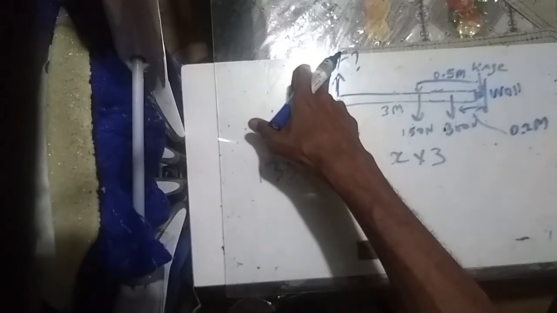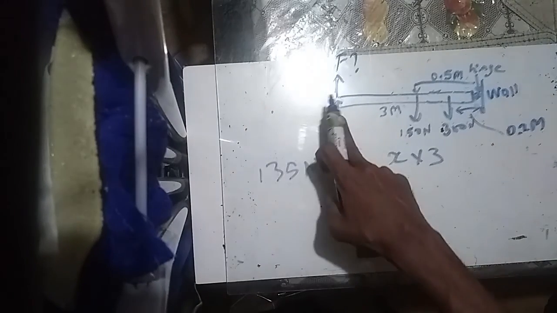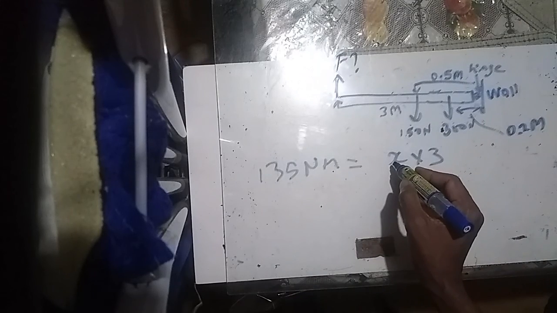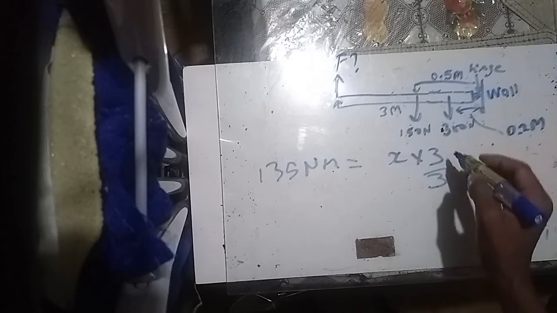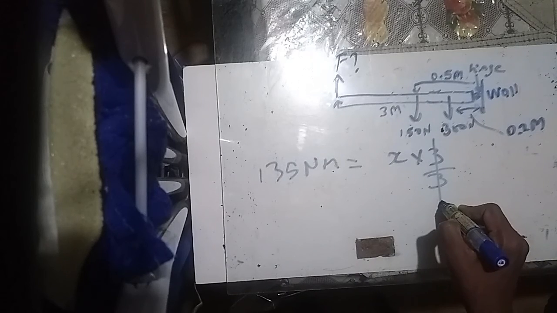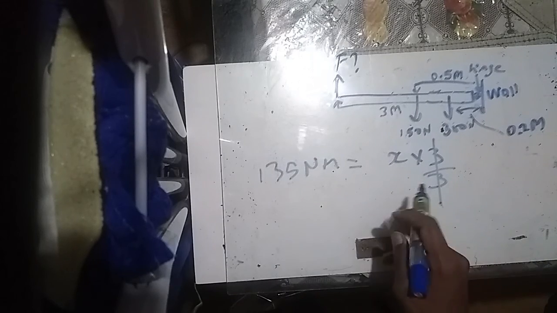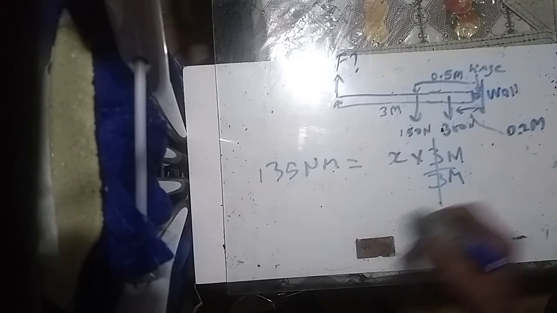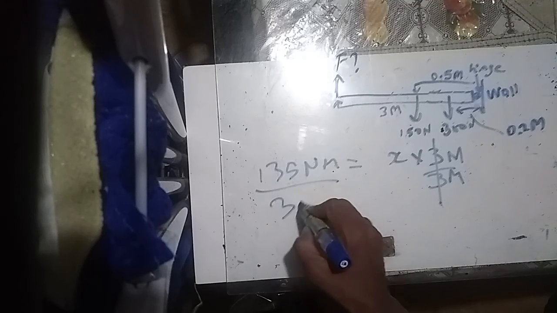And we do not know the force, so we call it x, but we know the distance of it, alright, and we know that it is our clockwise moment. Therefore, 3 is multiplying the x. Therefore, to get rid of the 3, we have to divide by 3 to cancel it, right? Good. And this was 3 meter, and we do the same thing over here.